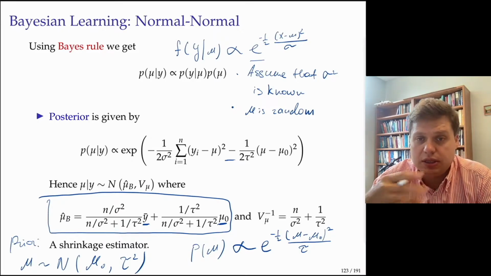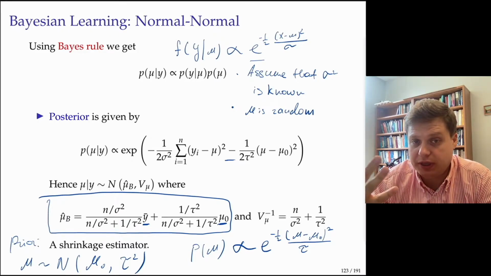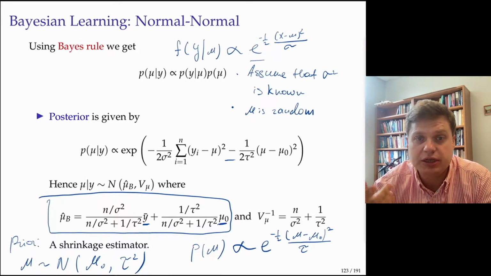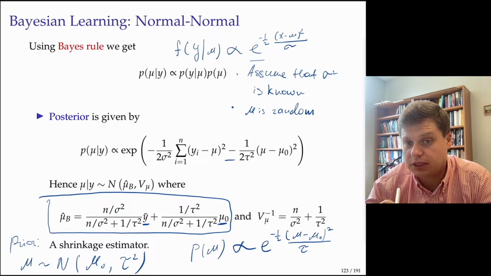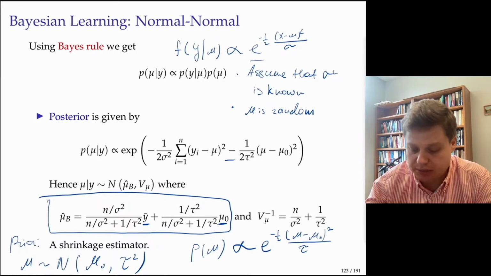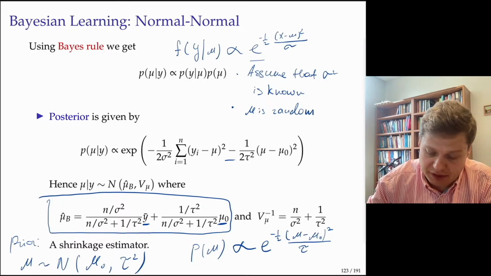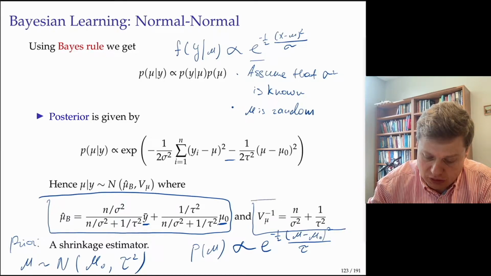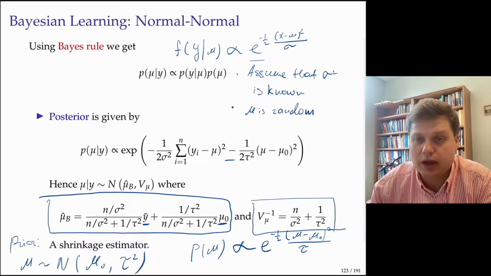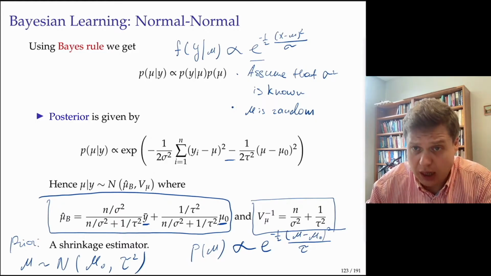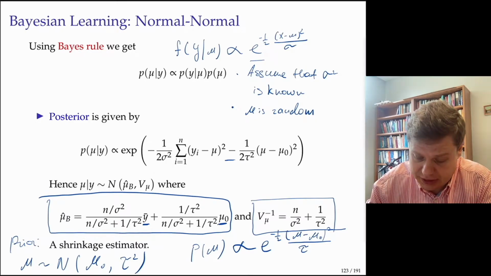And so again, you see the situation where we have this shrinkage, when the posterior value for the average is just a linear combination of the average calculated from the data and the prior assumption about the average value mu. And the variance, the second parameter of this normal distribution, here we calculated in terms of precision.